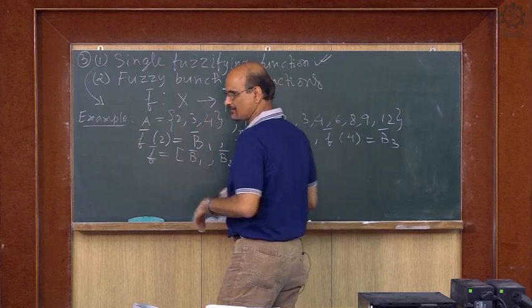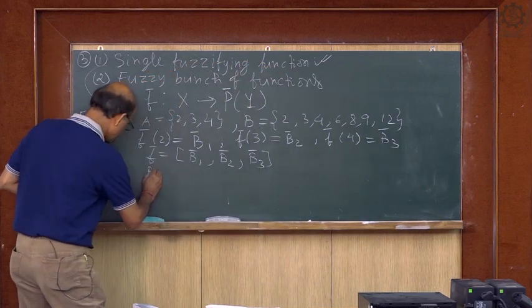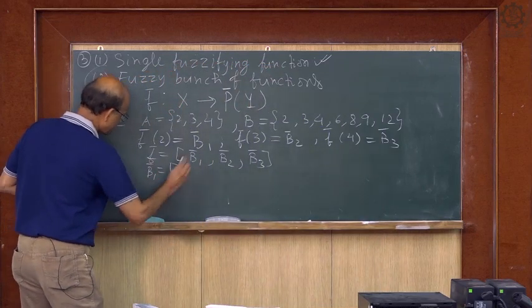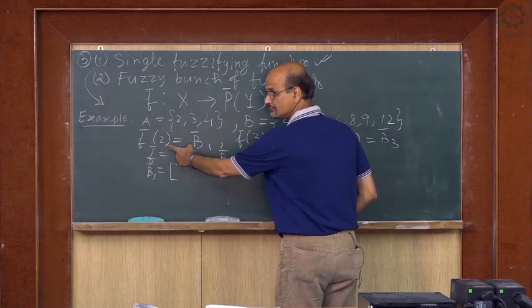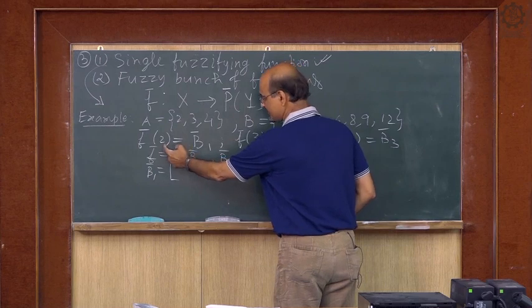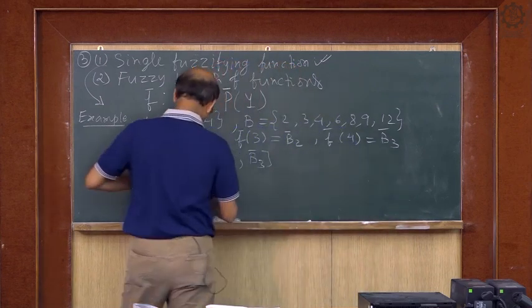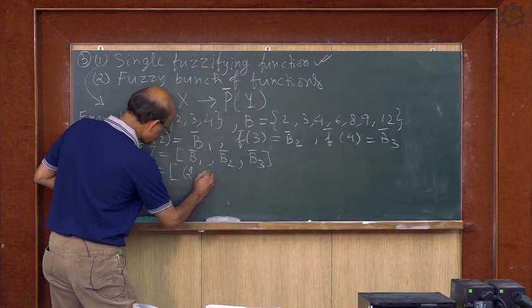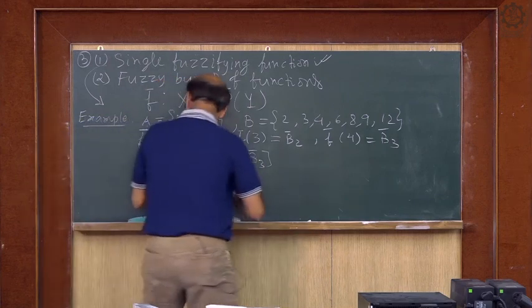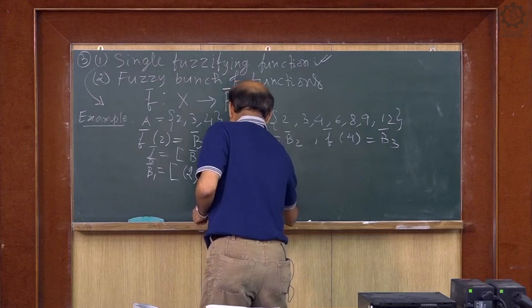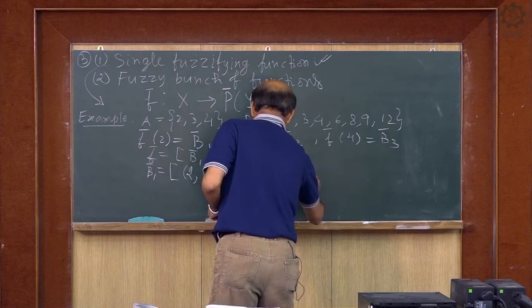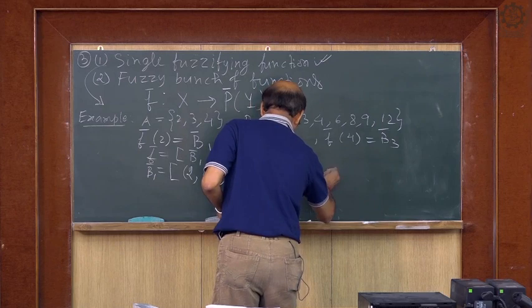Now, B1 bar, for example, is generated from 2: suppose 2 has a membership value 0.5, depending upon the problem, 4 with 1, 6 with 0.5. I am giving these membership values on my own.